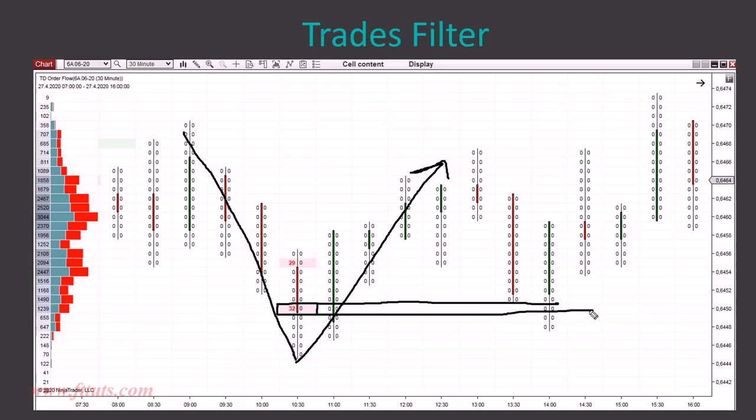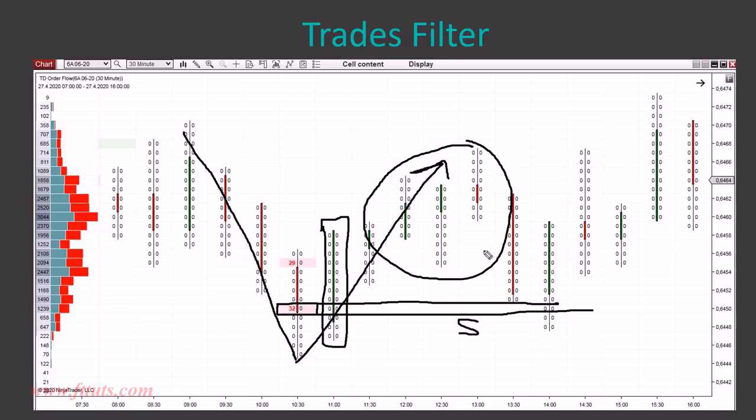This is the zone. This is the support zone. It's not printed because of this candle, but this is just a technical issue. The support still wasn't tested. This was the rejection, then the price went above it. This was the pullback, and this is the place for your long.